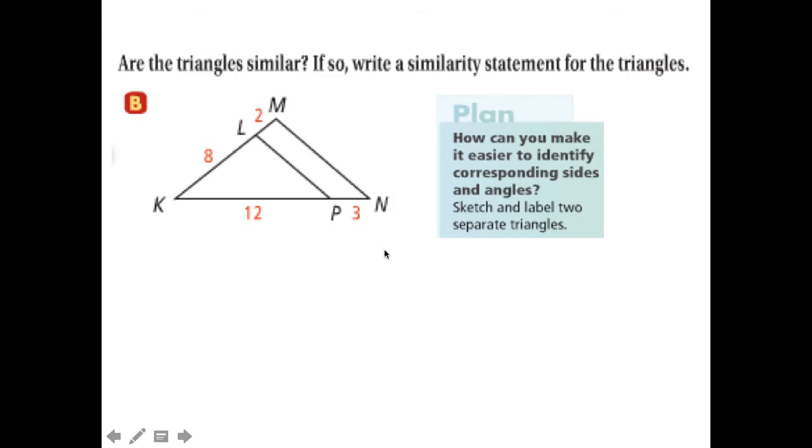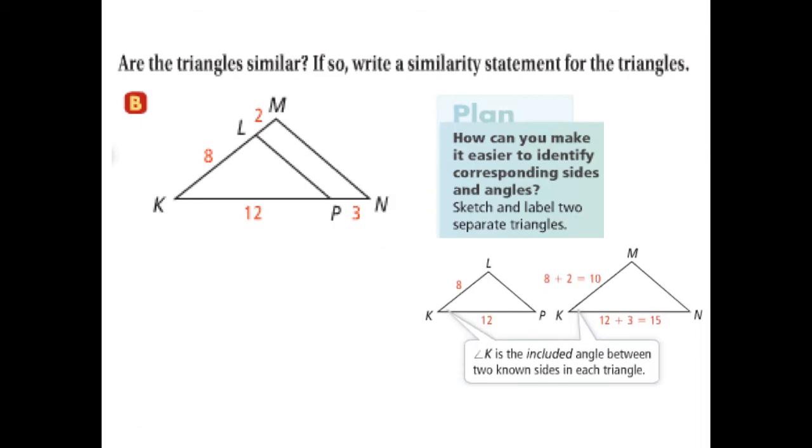Sketch and label the two separate triangles. That's what they did. The smaller one has sides 8 and 12, and the larger one is 8 plus 2, which is 10, and 12 plus 3, which is 15. They both share the same angle K, so angle K is congruent.